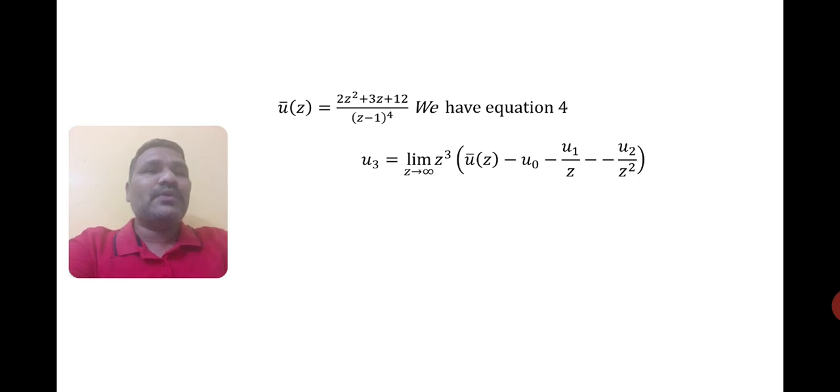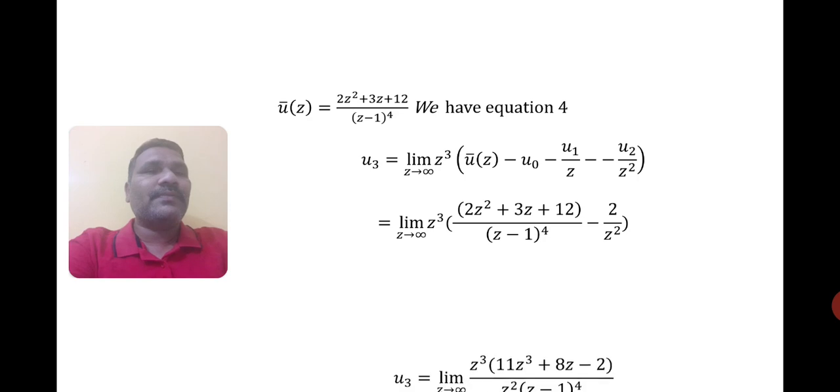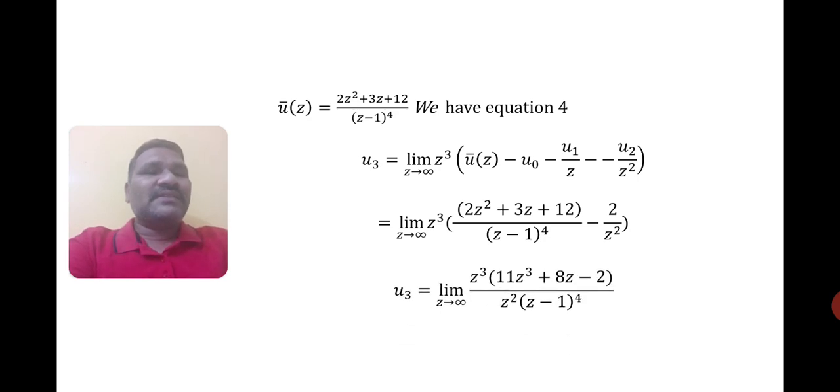You just place the u2 value over there in ū(z). So z³ times (2z² + 3z + 12) divided by (z − 1)⁴ minus 2 by z². See, in this step I have simplified. After arranging, cancellation and taking common, I end up with z³ times (11z³ + 8z − 12).